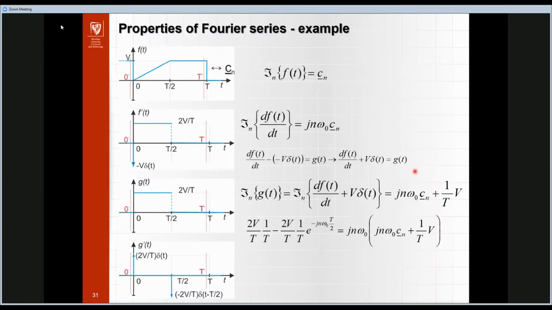When we have such a function, we can try to calculate Cn directly from this, for n not equal to 0, and this is the average value of this function.